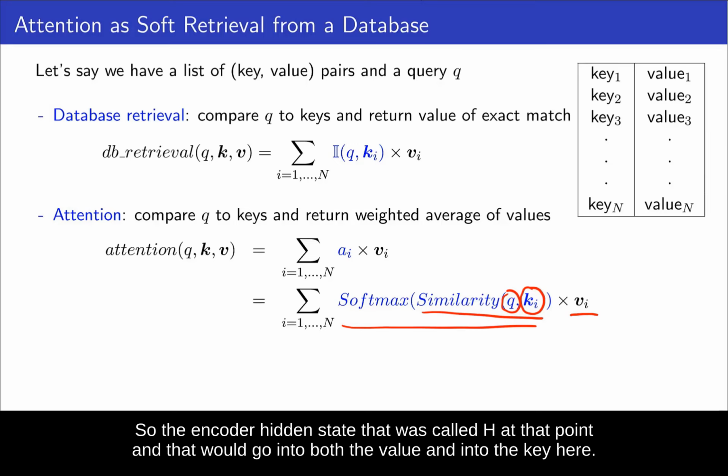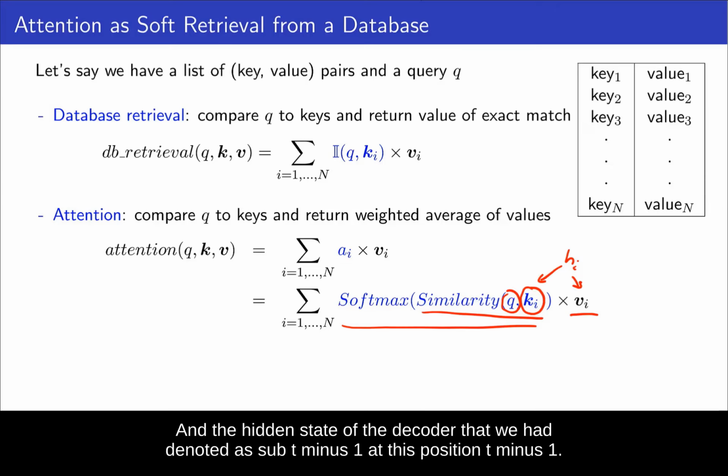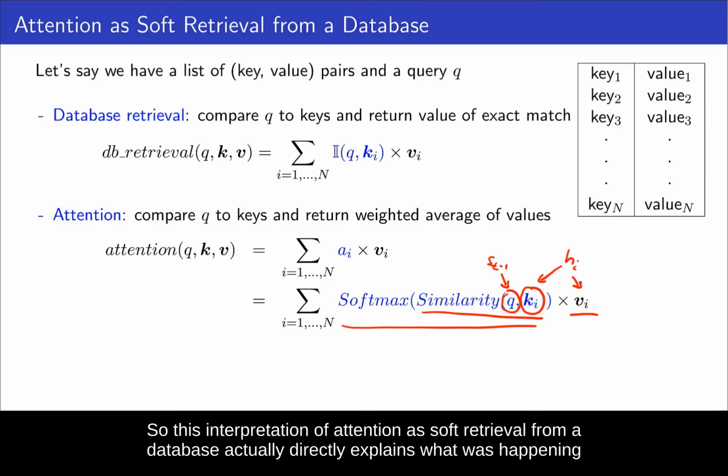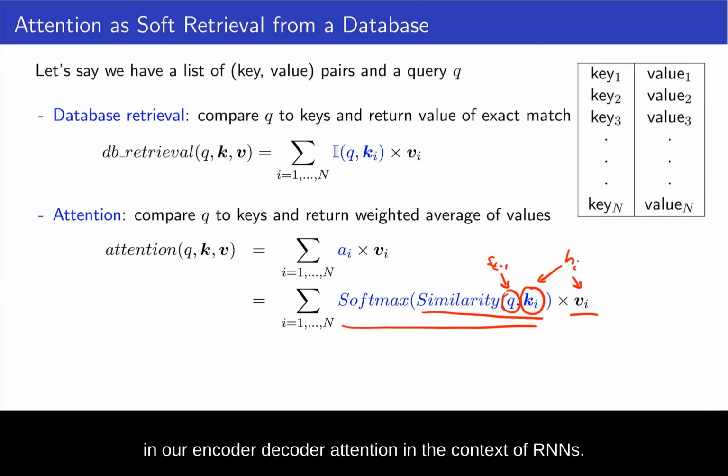So the encoder hidden state that was called H at that point, and that would go into both the value and into the key here, and the hidden state of the decoder that we had denoted as S sub t minus 1 at this position t minus 1. So this interpretation of attention as soft retrieval from a database actually directly explains what was happening in our encoder-decoder attention in the context of RNNs.